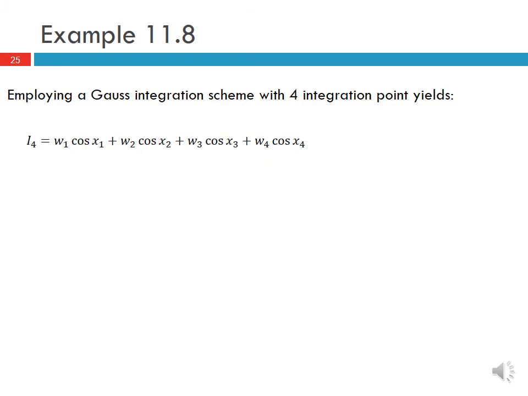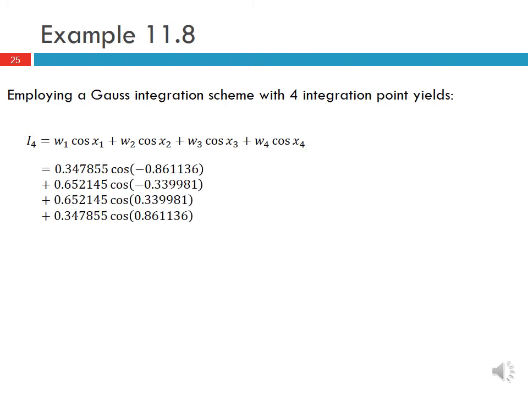With 4 integration points, our estimate of the integral is W1 cos x1 plus W2 cos x2 plus W3 cos x3 plus W4 cos x4. Plugging in our weights and our integration points, we find that the integral is 1.68294, which has an error estimate of 1 times 10 to the negative 7.